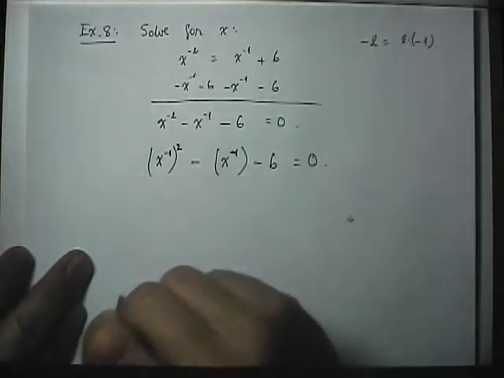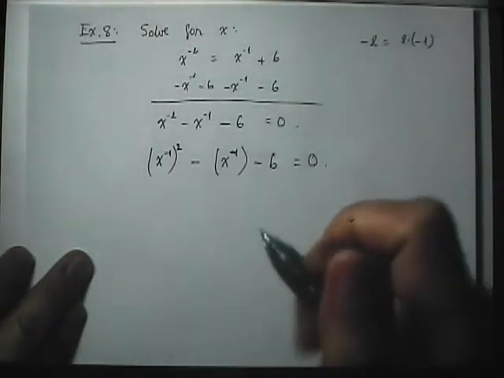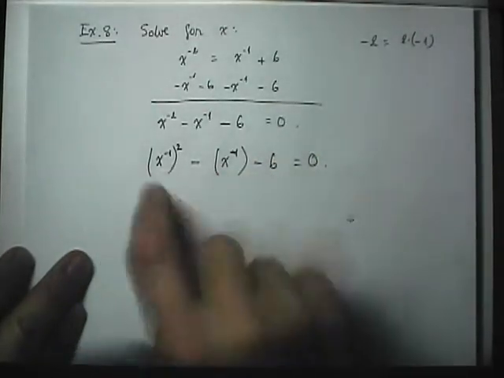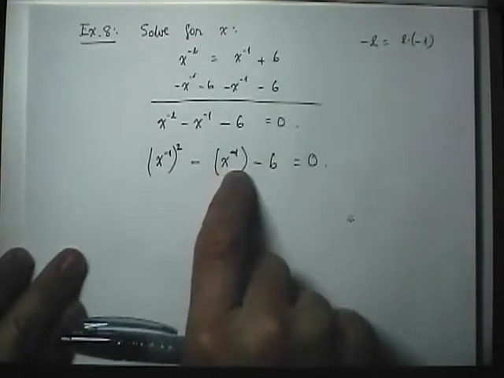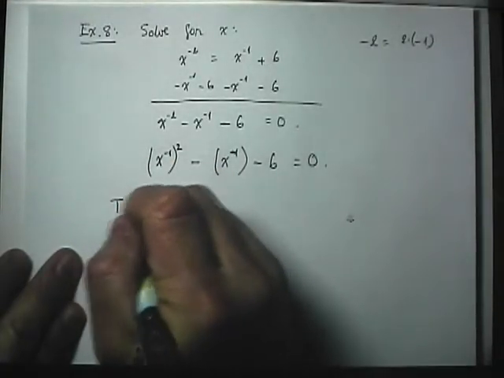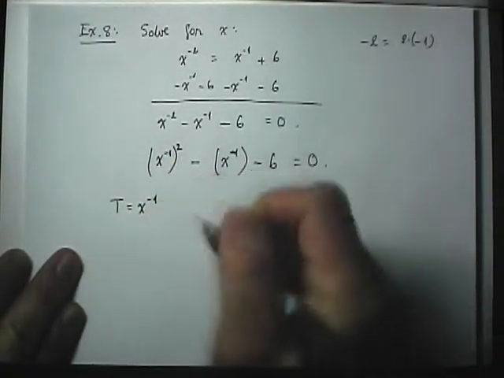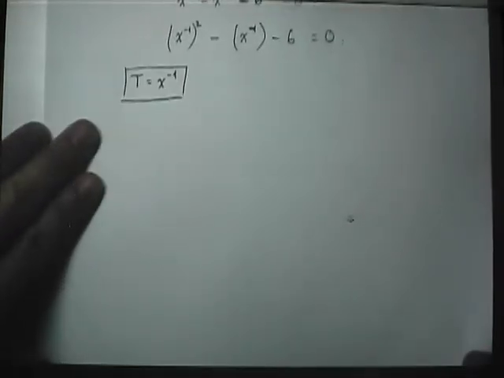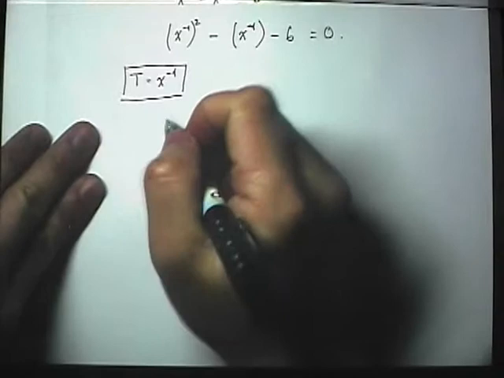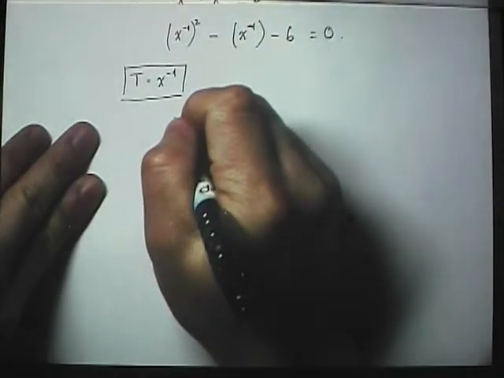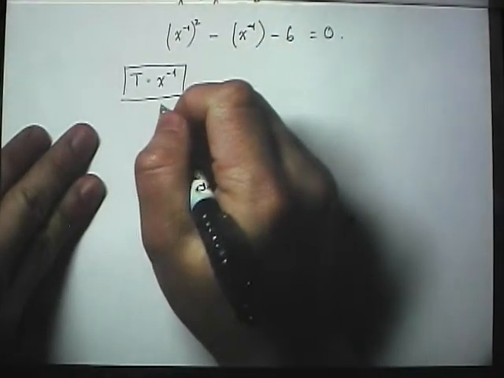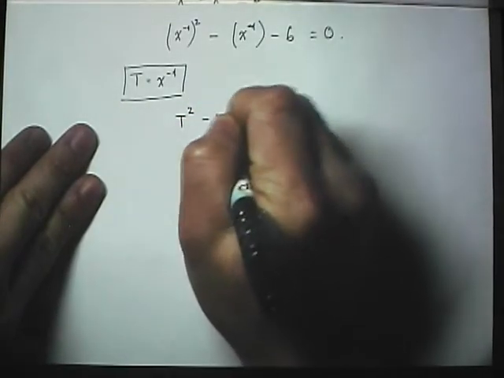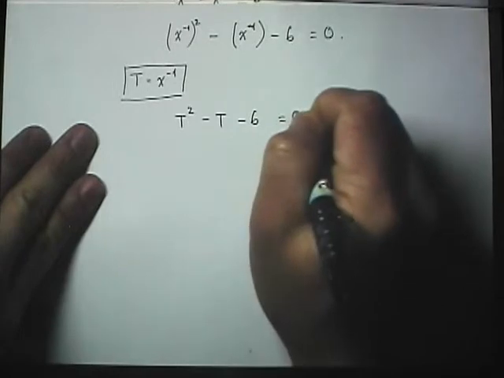Now it's looking all trivial, because we have the repeat of x to the negative 1, and that is going to act as my substitution. So t equals x to the negative 1 power is my substitution. Back into the equation, I can replace the x to the negative 1 power with t, and I have t squared minus t minus 6 equals 0.